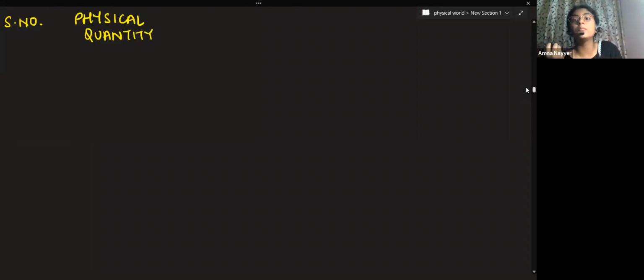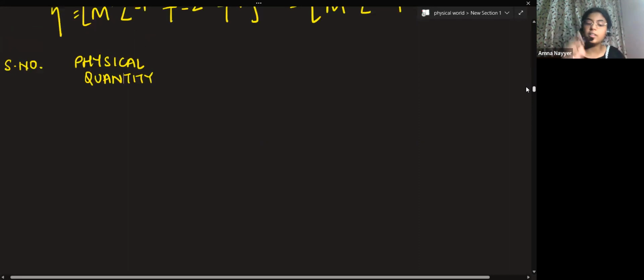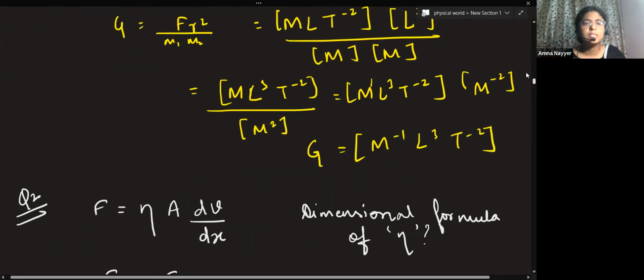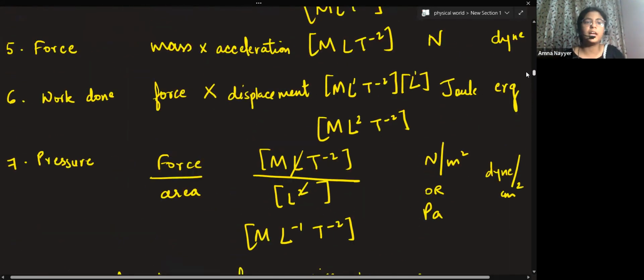What will happen with the help of this list? Firstly, we are solving it together, so you will get more practice on this dimensional formula, how to write the dimensions. Otherwise, questions will come from this list only, so it's better if you prepare this whole table. 7 we have done, if you remember.